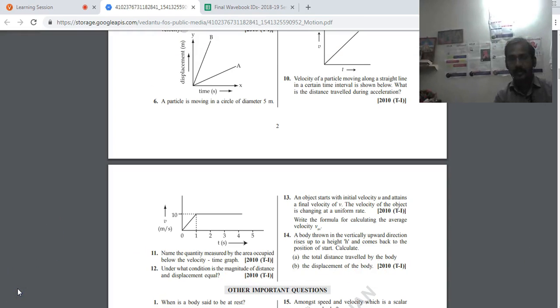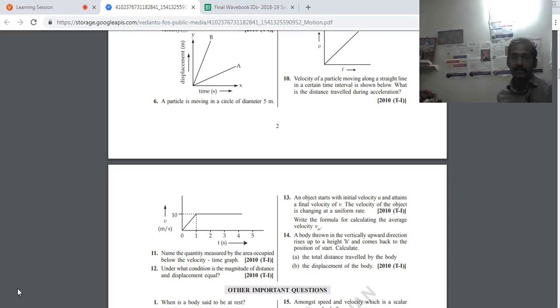It is h plus h, because it is thrown up to height h and comes back downwards. So 2h is the distance. Displacement of the body would be 0. Correct. Now, scroll it down a bit.